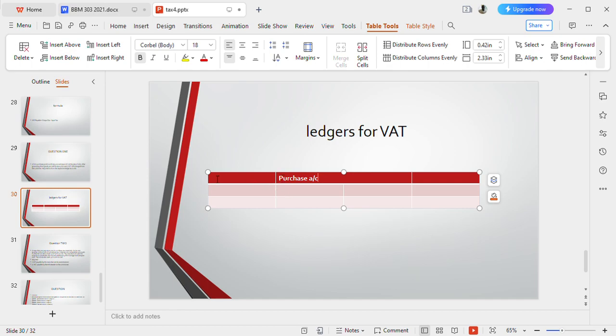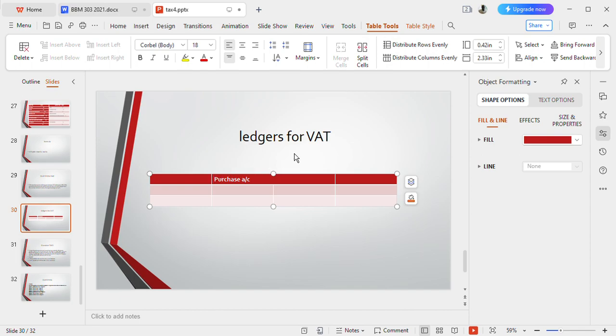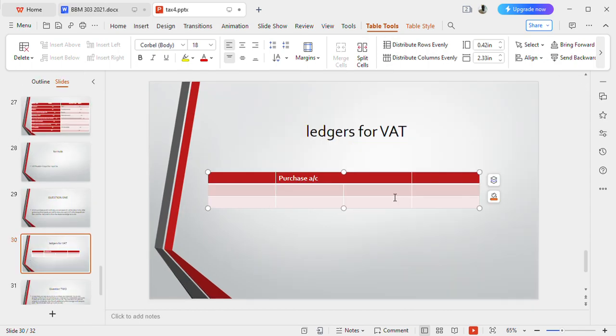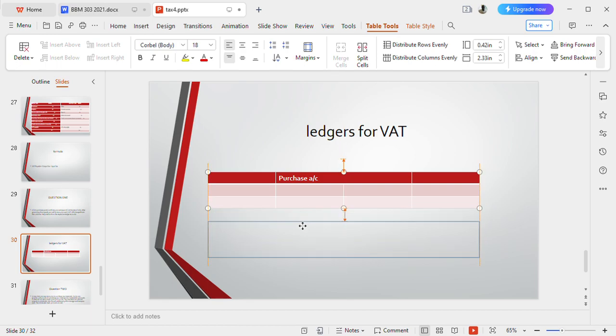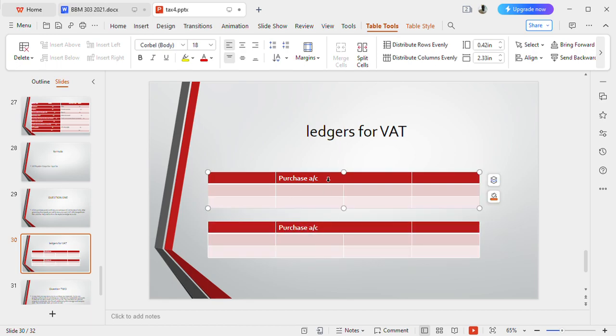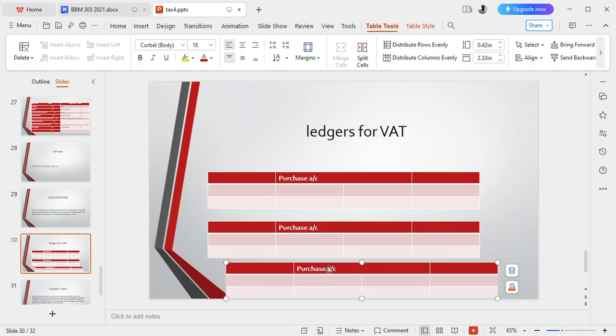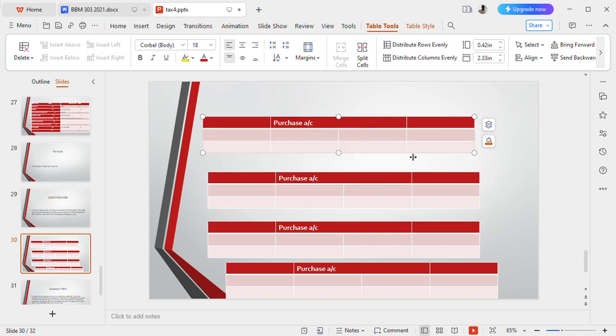Then the next ledger. So there are 4 ledgers. So these are the ledgers.